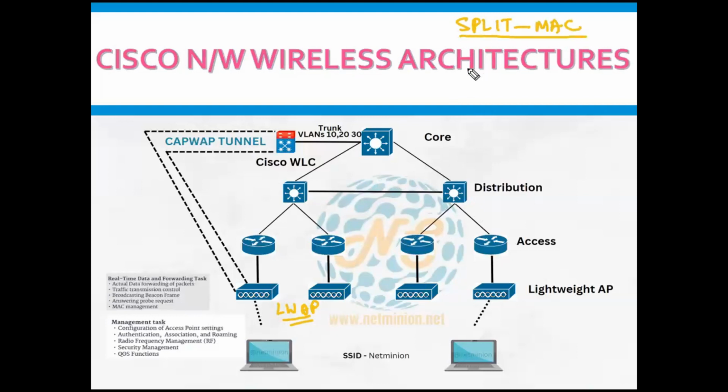Why do we call it split MAC architecture? Because it splits the functions. Some functions go with the AP, some functions go with the WLC, not the complete set. So it splits the functions between your controller and your LWAPs, lightweight APs.